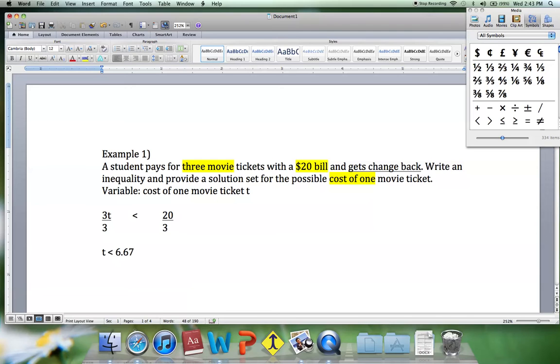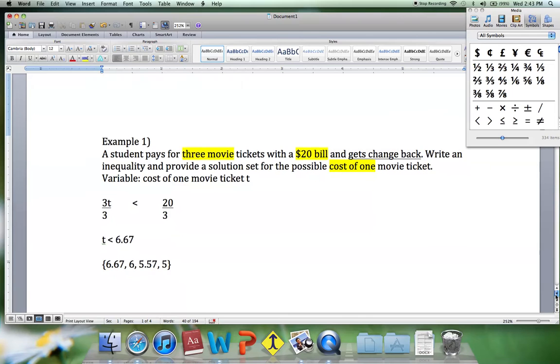So this means that 1 movie ticket was less than $6.67. So we're going to write a solution set for this. Basically, any number less than 6.67 falls in our solution set. All right, let's move on to example 2.